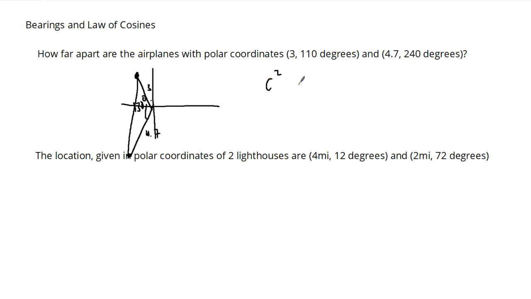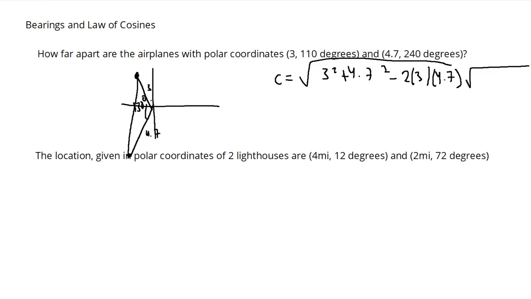So c is equal to the square root of 3 squared plus 4.7 squared minus 2 times 3 times 4.7 times cosine of 130. That's your c. So that's how far apart it is.